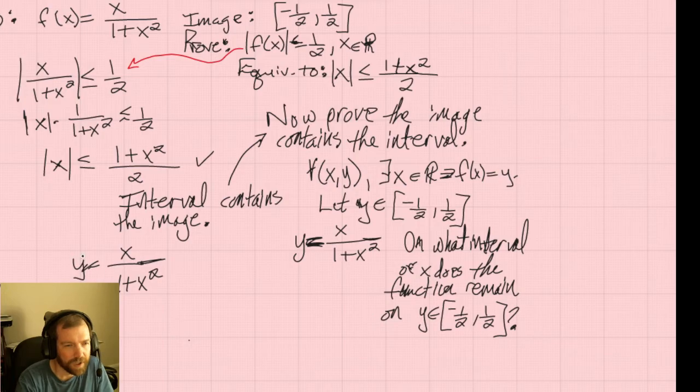Alright, anyway. So if we have y equals x over 1 plus x squared, we want to be able to solve for x and show the image that we're going to get from it.